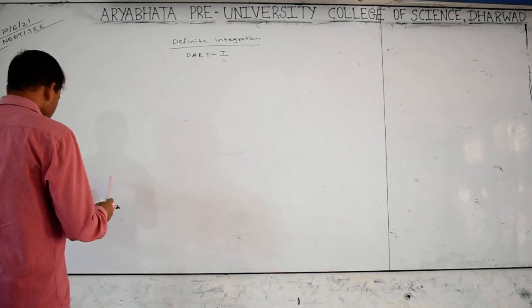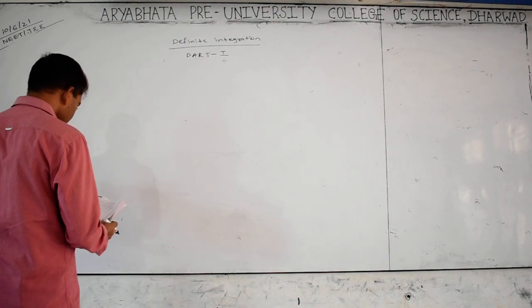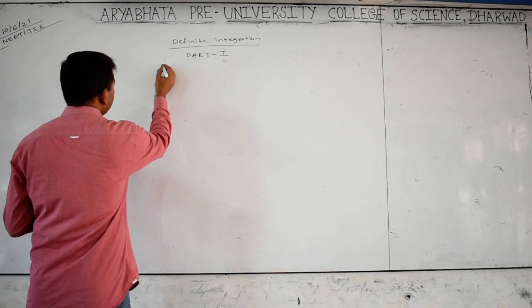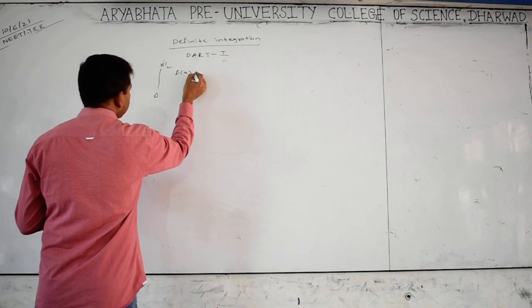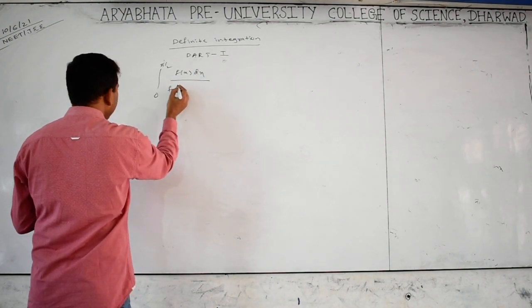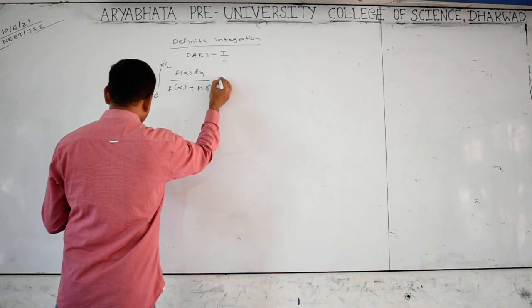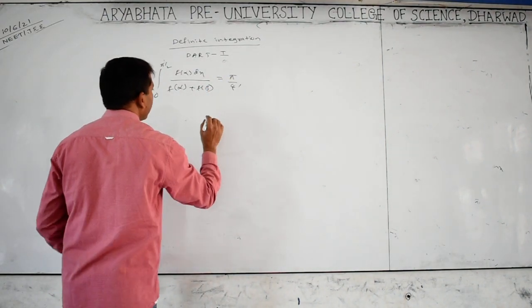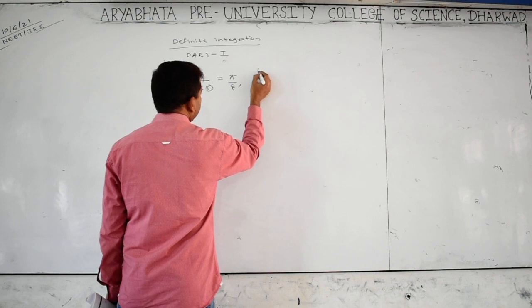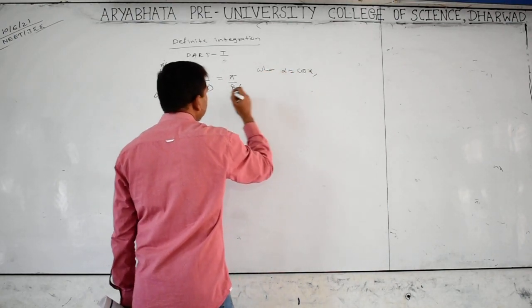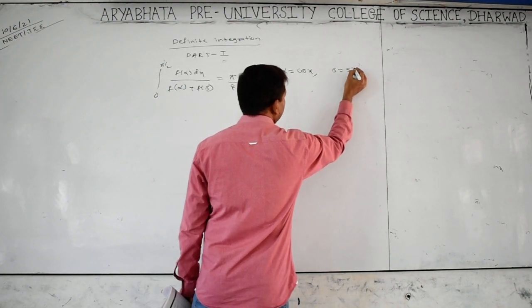Next, let me discuss one important method: integration 0 to pi by 2 f of alpha dx by f of alpha plus f of beta, the answer is pi by 4. When alpha is cos, then beta is the co-function sine.